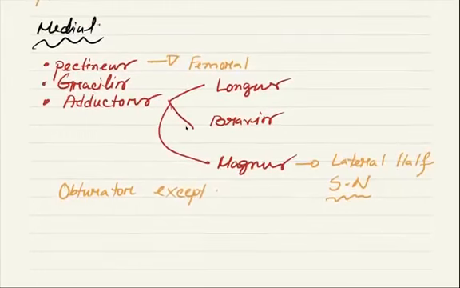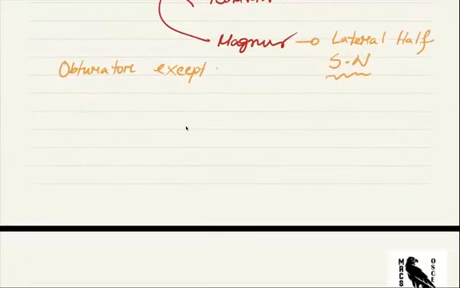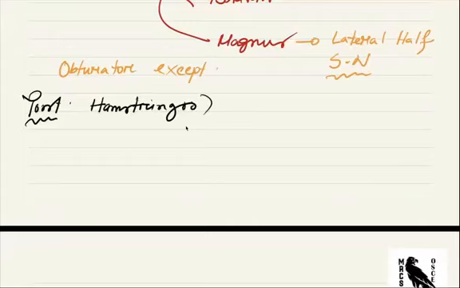About the function, mainly those are adduction. Okay. Last one is the posterior, and this is very important. Posteriorly, we have the hamstrings, right? Mainly in the hamstrings, we have two types of muscle.